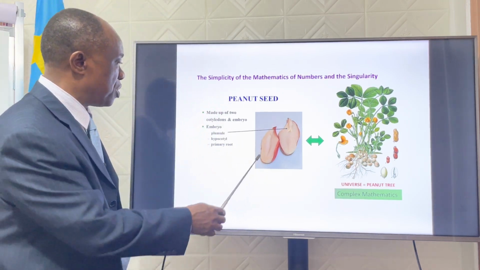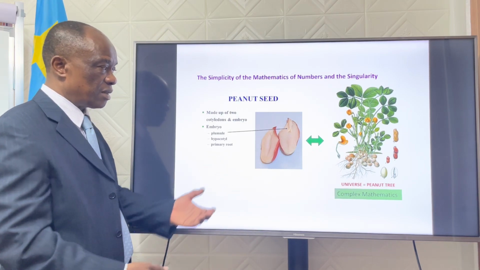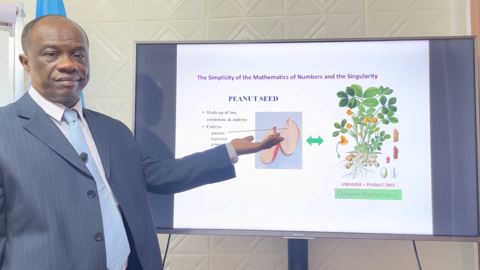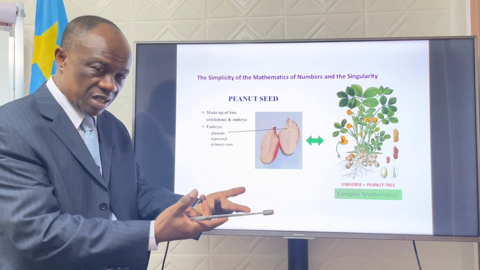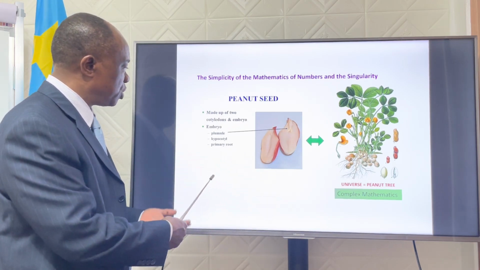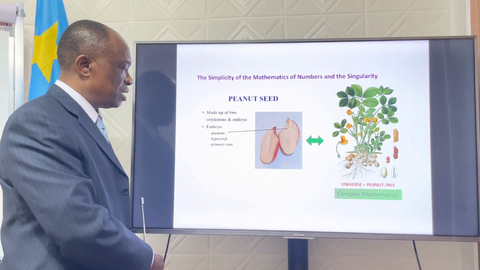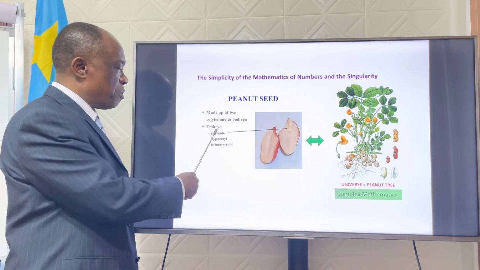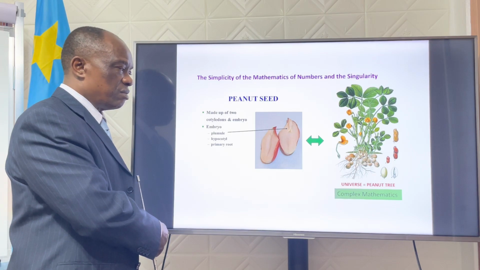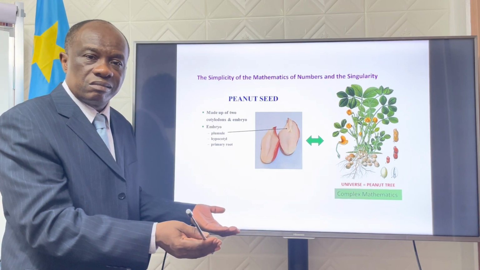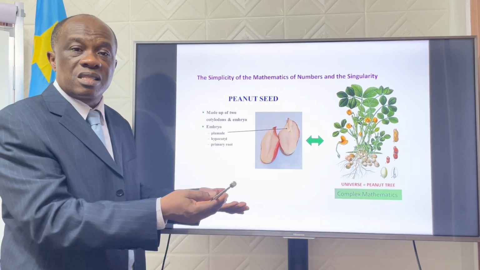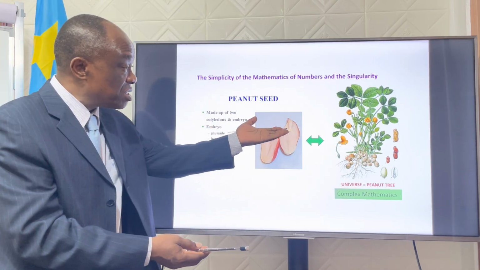You see the seed, the peanut. How many parts do you see here? You open the seed, it's almost nothing. You see only the two cotyledons, and then you have this embryo. Just that. Two parts you can see here.